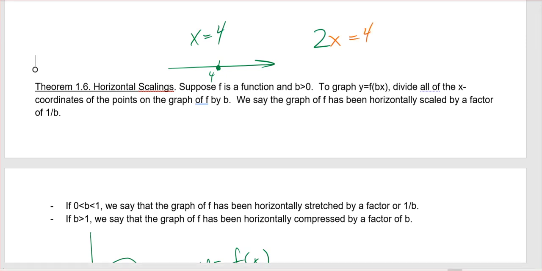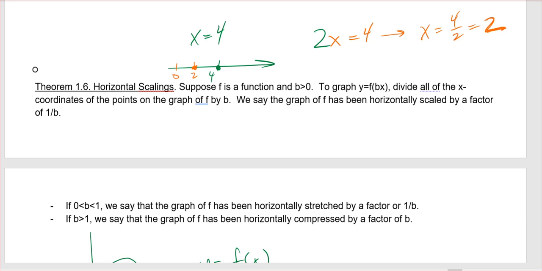I want to draw a picture of what x has to be, so I need x alone. Here we would have 4 over 2, so that's 2. I'm going to take whatever I started with and divide it by 2 if I want to get x alone. Then we draw a picture on the same scale here, and we're shrinking it. We're getting closer to 0.